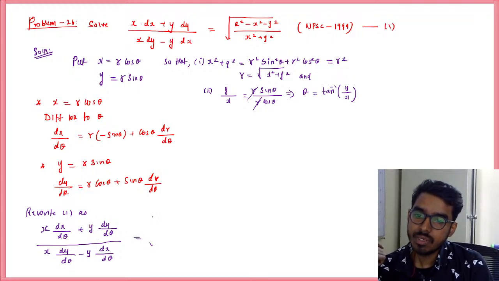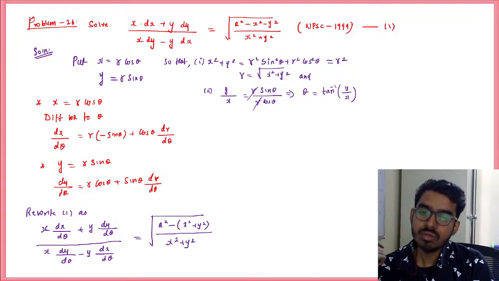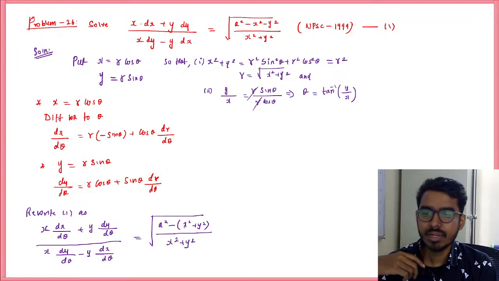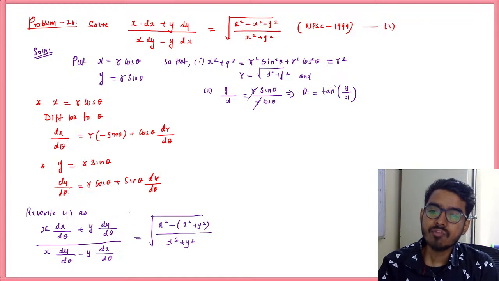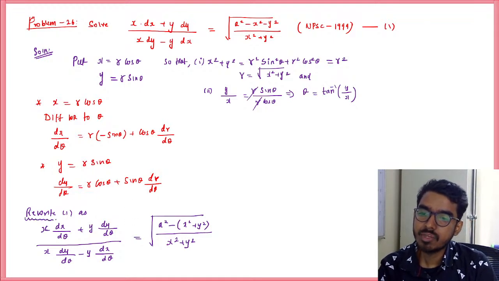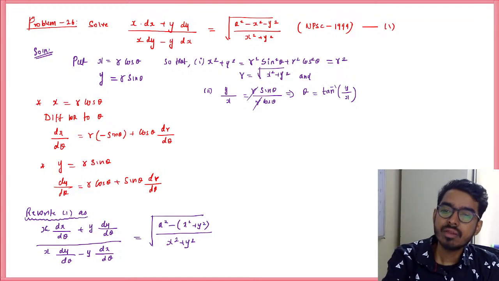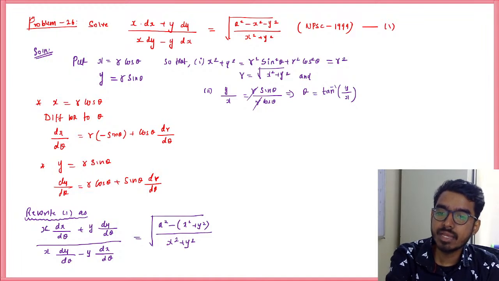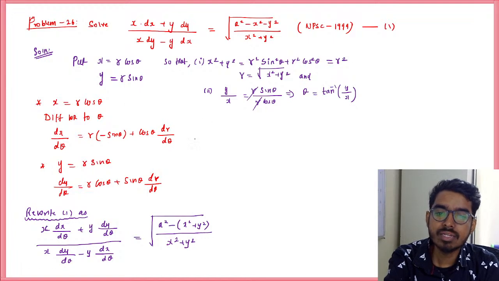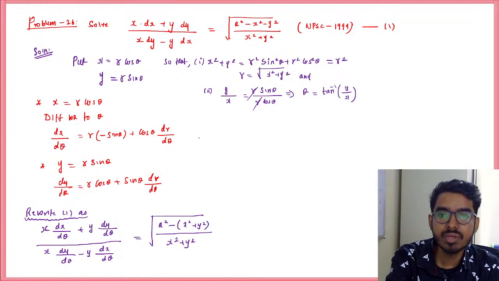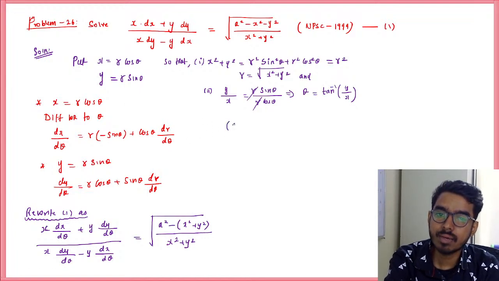And this will be root of, I take this minus outside, we will have x square plus y square divided by x square plus y square, right? Now make use of all the substitution. Replace x by r cos theta, dx by d theta by this term, and x square plus y square equal to r square, right? I'm converting everything in terms of x comma y to r comma theta. Converting Cartesian to polar.